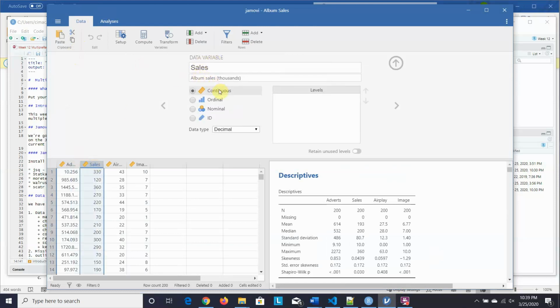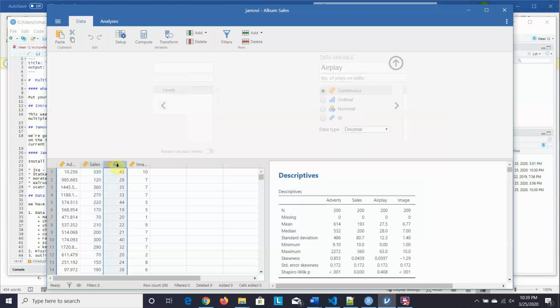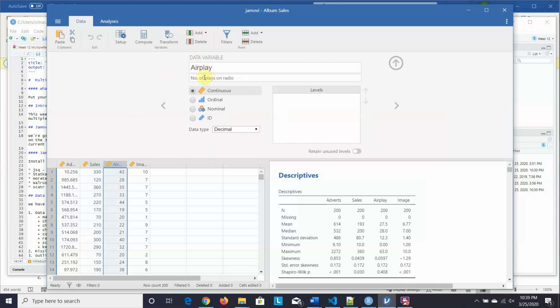Sales, our album sales, which is a continuous variable. Airtime, the number of plays on radio, which is a count. So 0 means 0, that's going to be ratio level of measurement, continuous. And image, band image rating, 0 to 10. Normally I'd probably call this ordinal, but for this example, leaving it as continuous is fine.